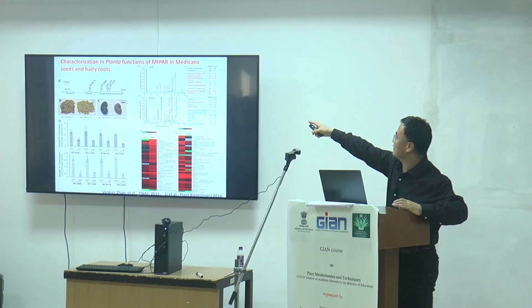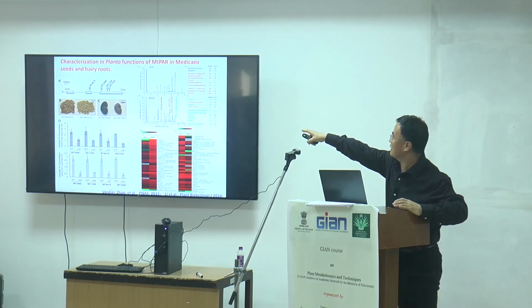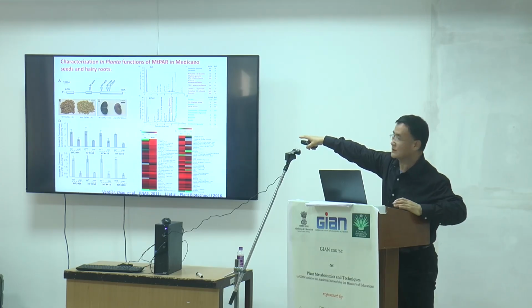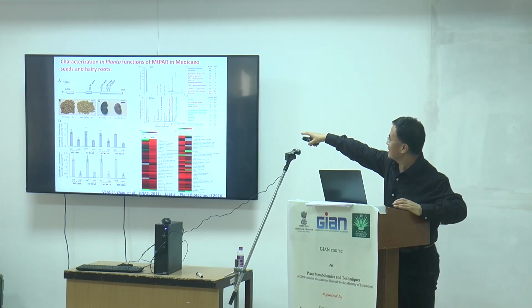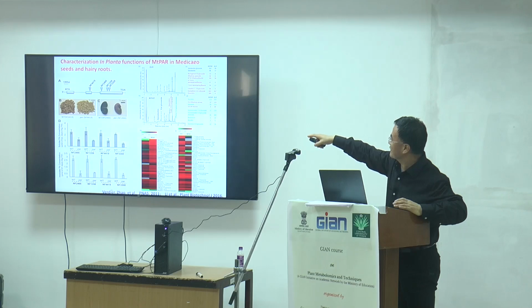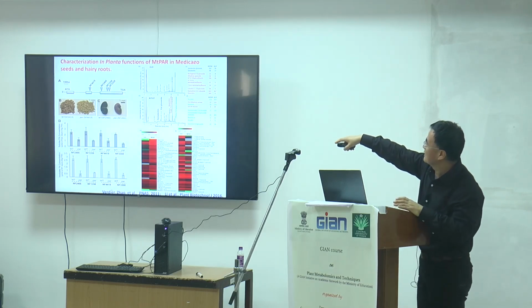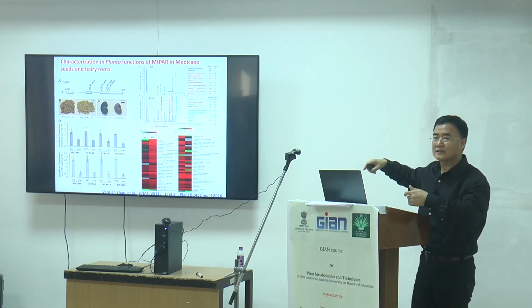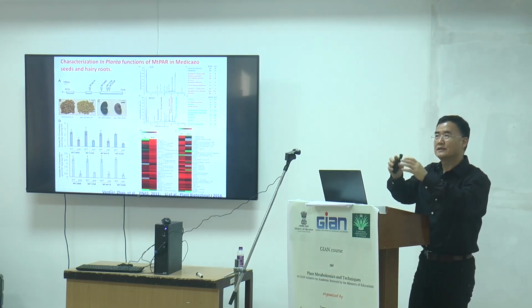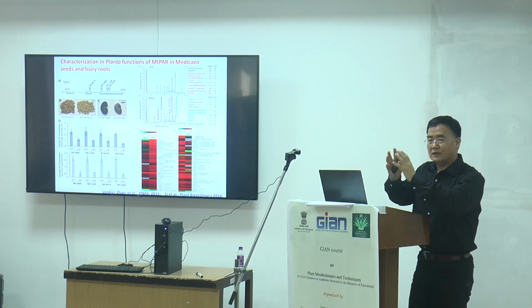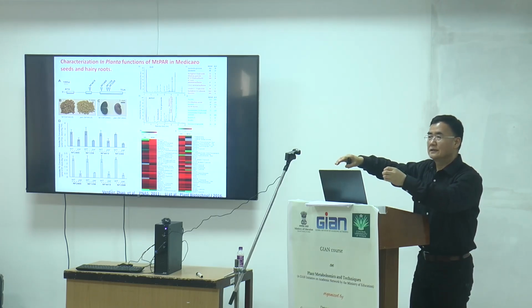In the GUS control there are only those compounds. However, when you overexpress MtPAR, other compounds come out, like epicatechin glucose modification, and also quercetin and kaempferol glucoside dramatically increase.